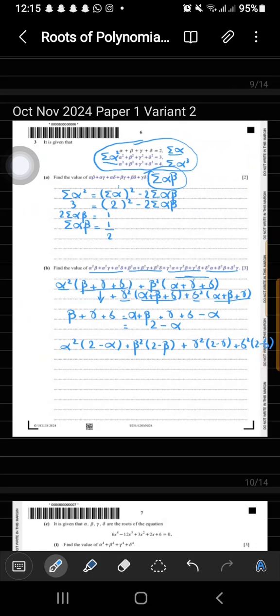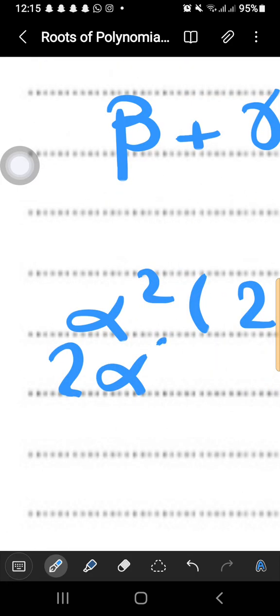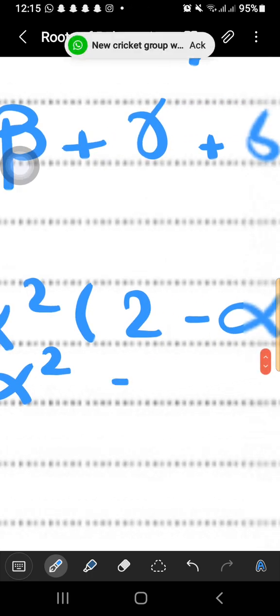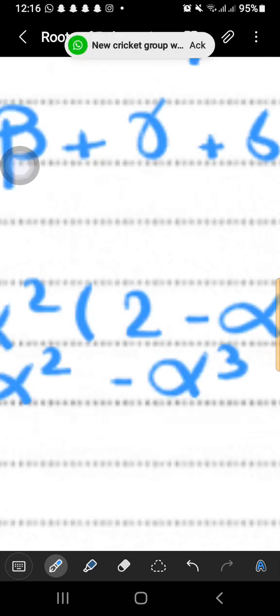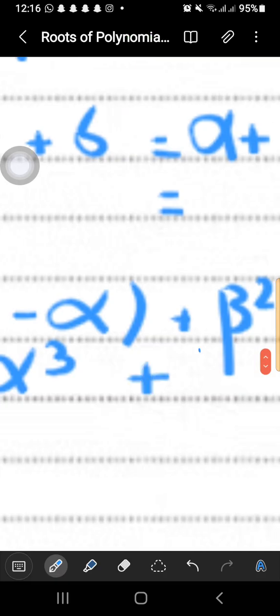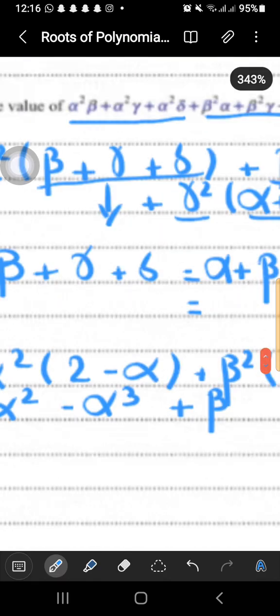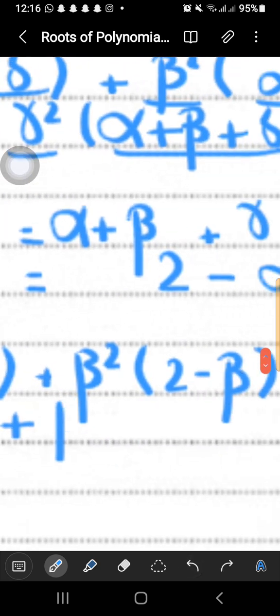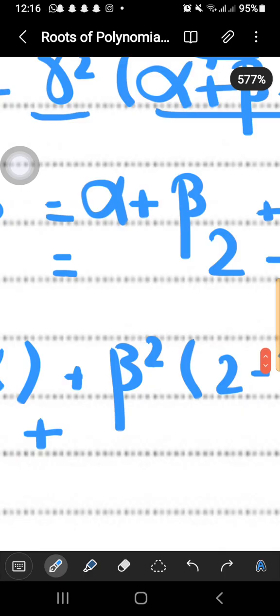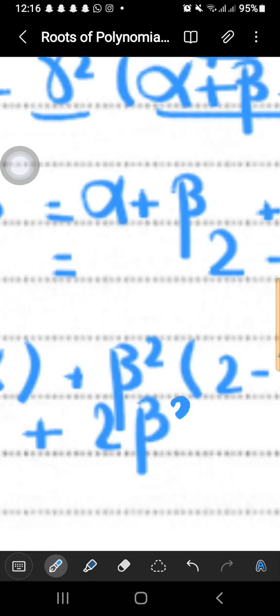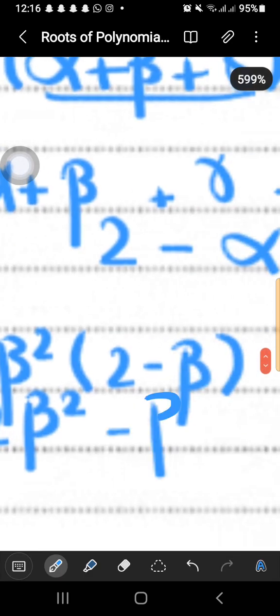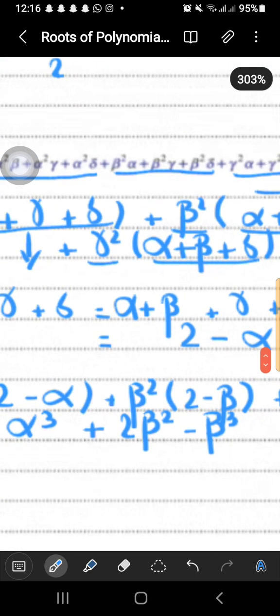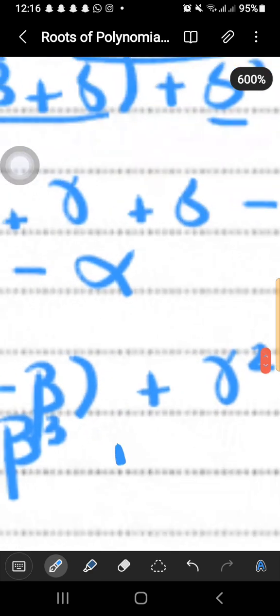Now let's go further. We will solve it further simply algebraically. 2 alpha square minus alpha cube, then plus beta... Here it will be 2 beta square, then negative beta cube, and then plus 2 gamma square.